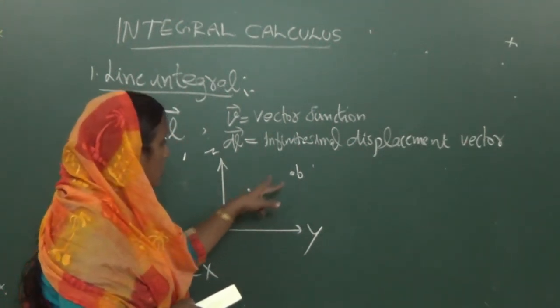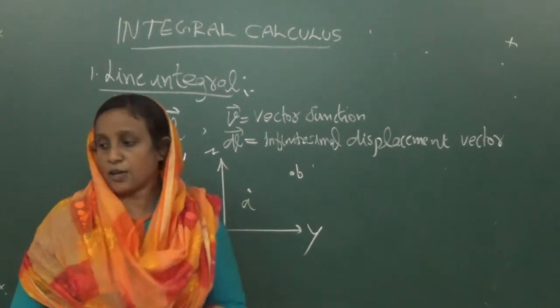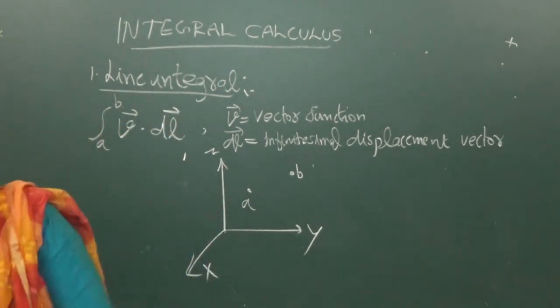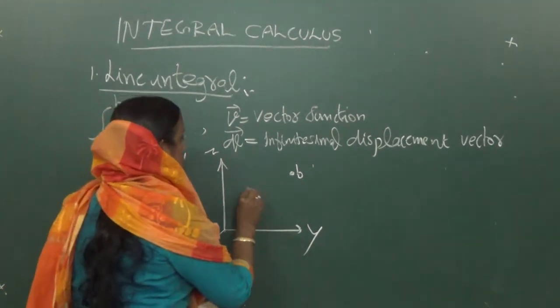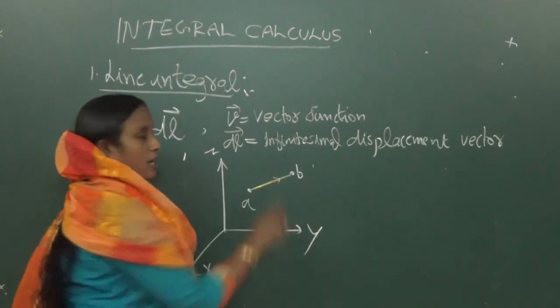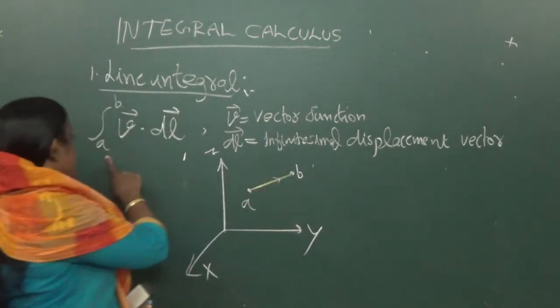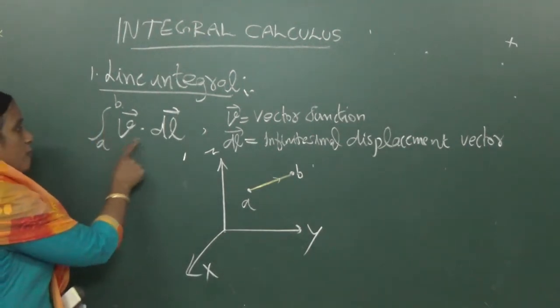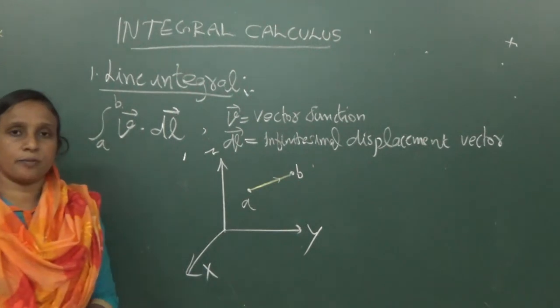As you know, there are infinite paths connecting these two points. I will show you three or four of them. This is one of the lines, a straight line, one of the paths connecting A and B. If you find this integral from A to B of V dot dl along this line, you get an integral.